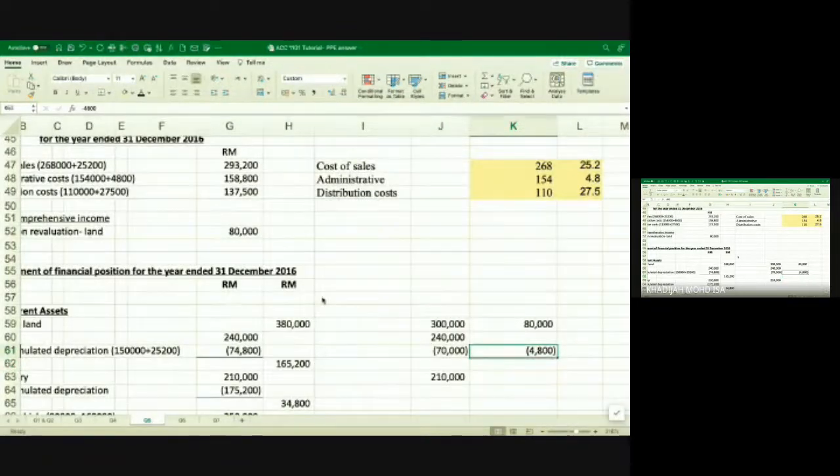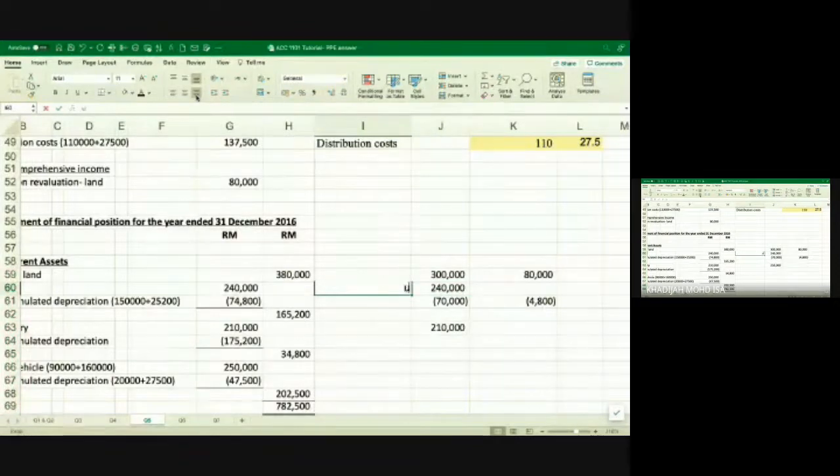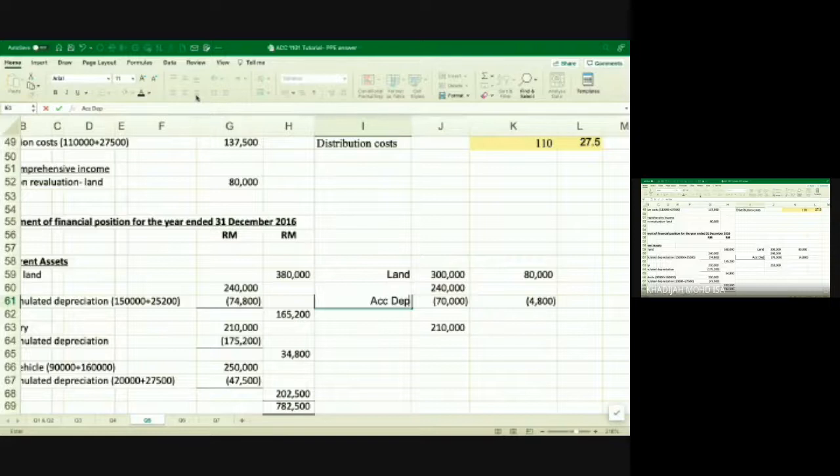So I will just put here again. I just put here land. And this one is your building. This one is the accumulated depreciation for your building. Am I right?